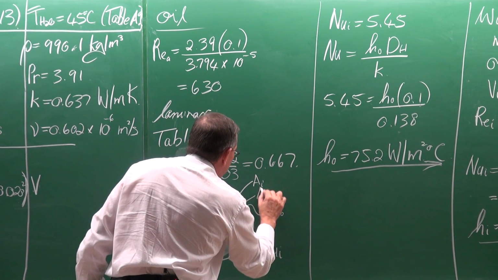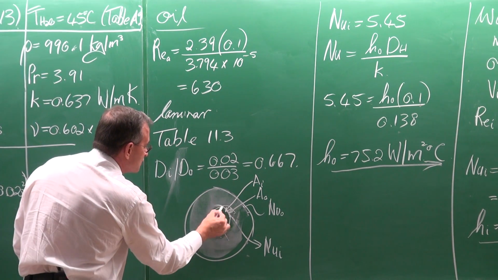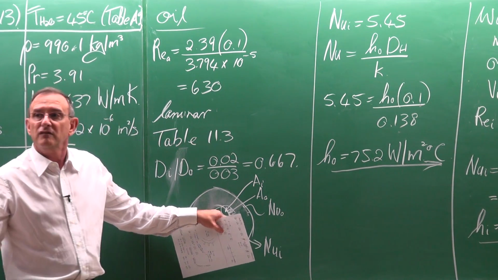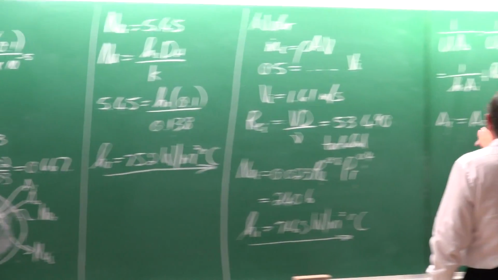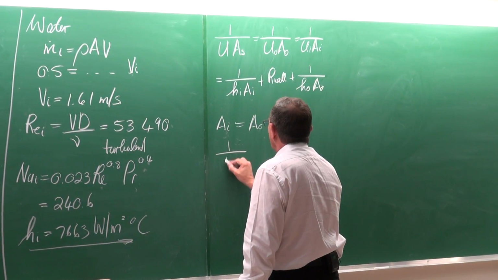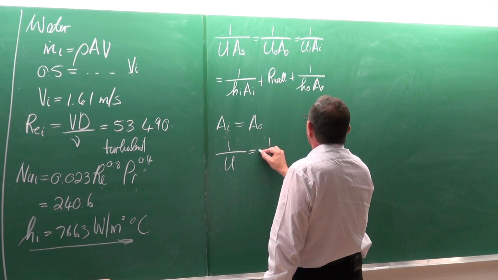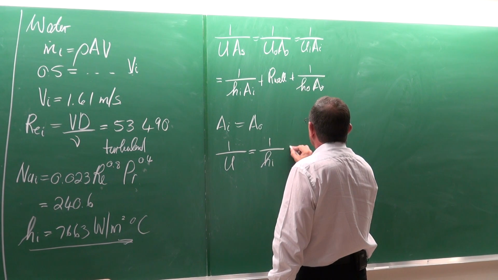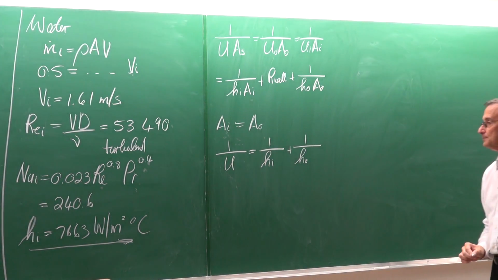We are not referring to that area of the annulus because the heat transfer occurs over that wall. That is the resistance of the wall. Now, if that is so, then 1 divided by the overall heat transfer coefficient is equal to 1 divided by the heat transfer coefficient on the inside plus 1 divided by the heat transfer coefficient on the outside.